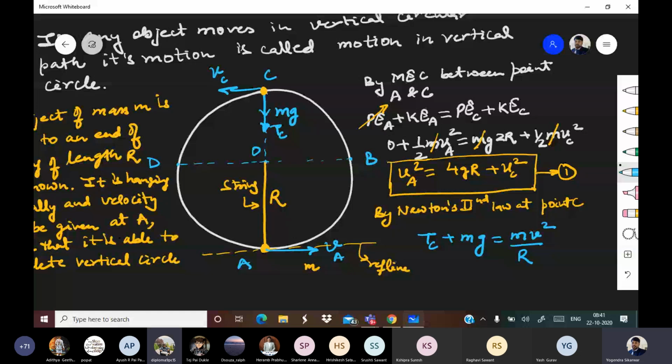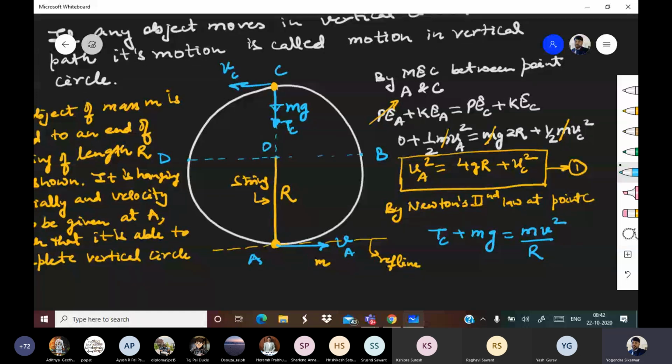Could you please explain again? What I am saying is, can you see that at point C mg is acting downward? Yes, sir. Can you also see that Tc is also acting downward towards the center of the circle? Yes, sir. So the only two forces acting on the object are Tc plus mg, and these two forces combined provide the necessary centripetal force.